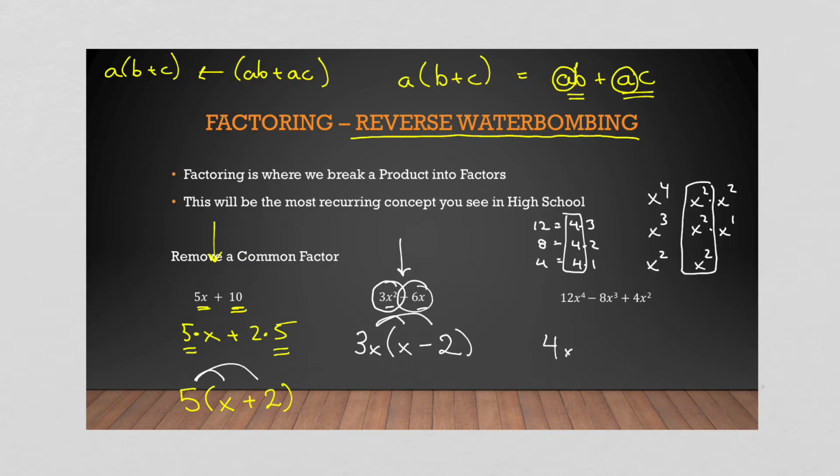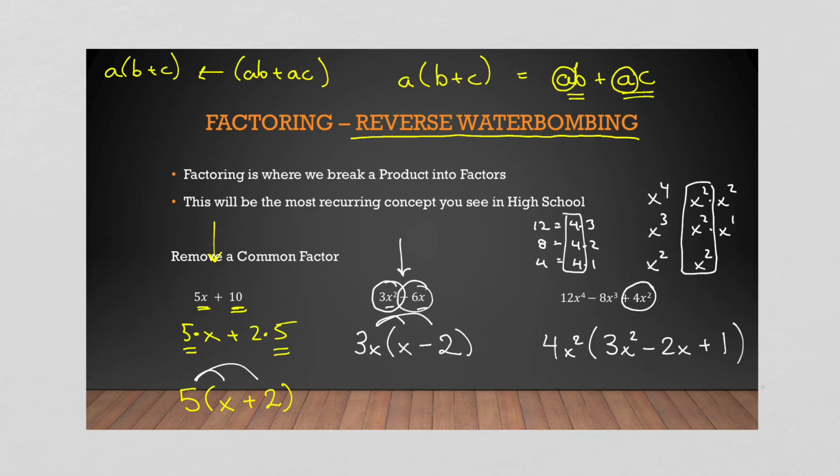So an x squared comes out. So what are we left with? We're left with 3x squared minus 2x plus, and this is really important, I factored all of that out, so what's left in there? A 1. You have to put the 1, because if you don't put the 1, there's nothing to water bomb back into. So the 1's really important.